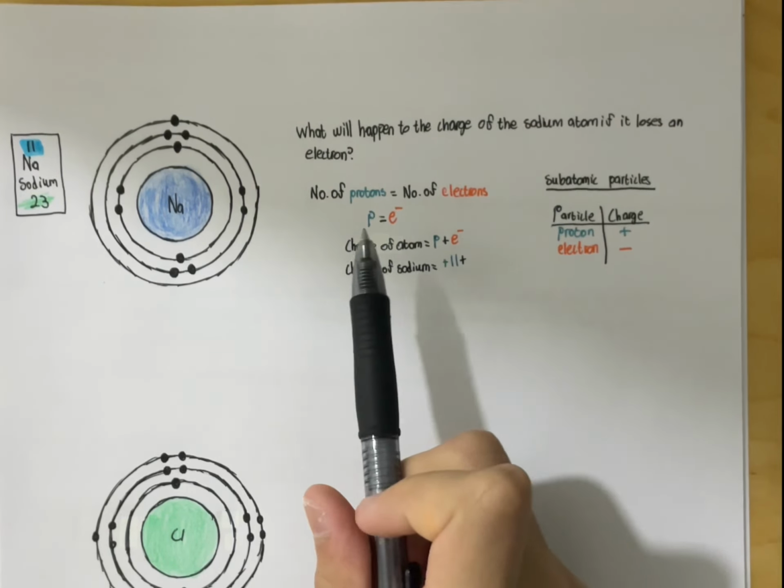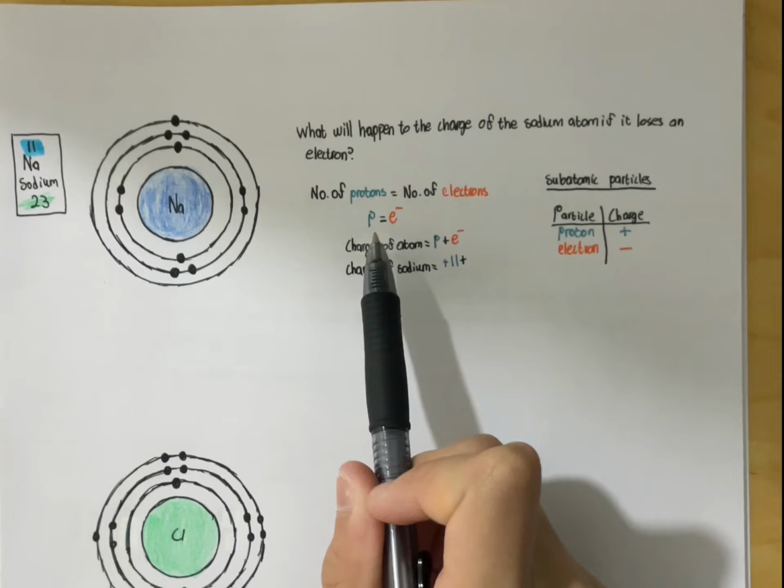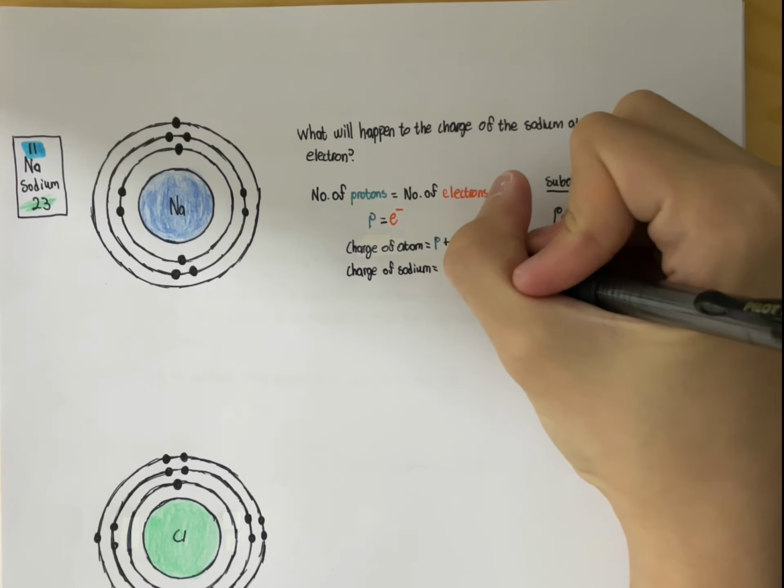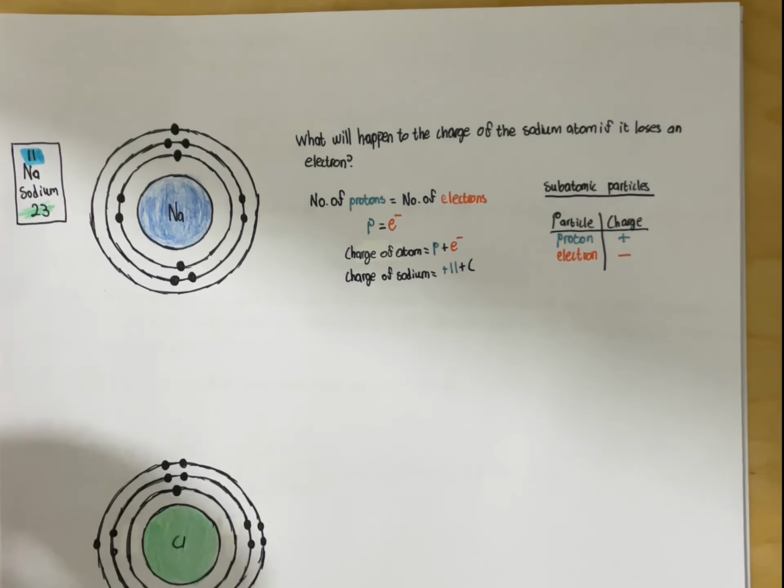Remember, the number of protons is equal to the number of electrons, so it has 11 electrons as well, with a total charge of negative 11.